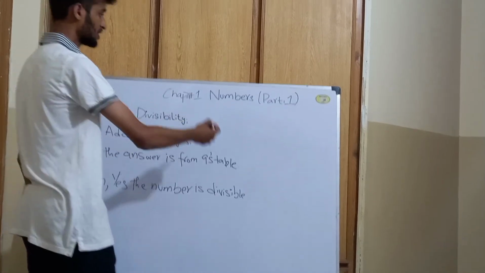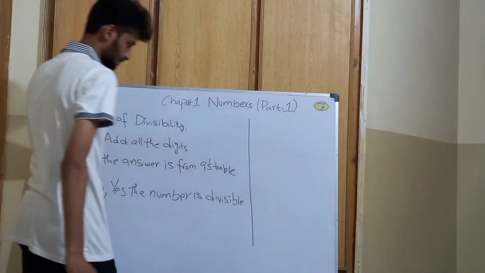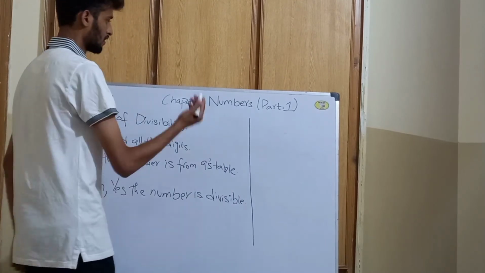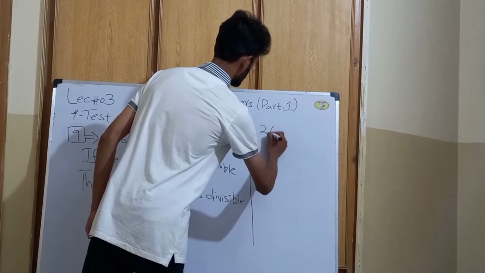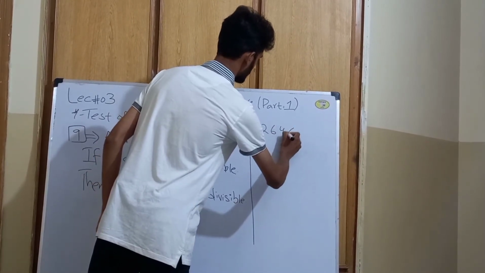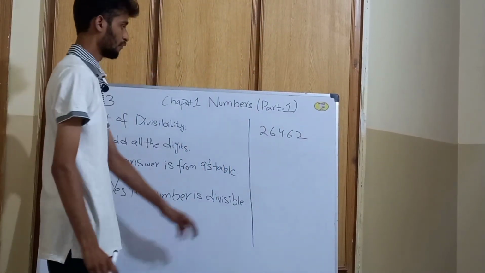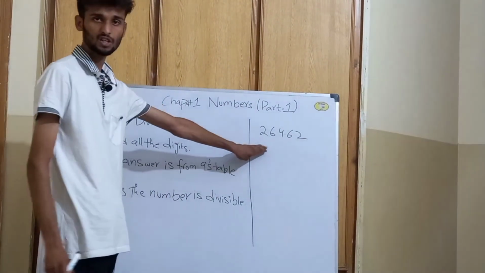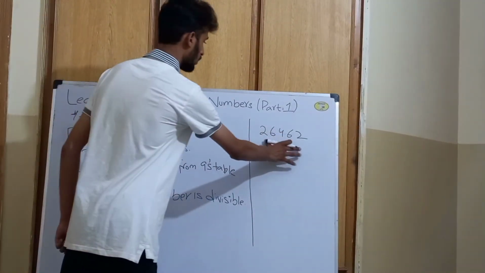So let's consider an example to check whether it is divisible by 9 or not. Suppose we have a number 26462. We need to check whether this number is divisible by 9 or not. First we will add all the digits.